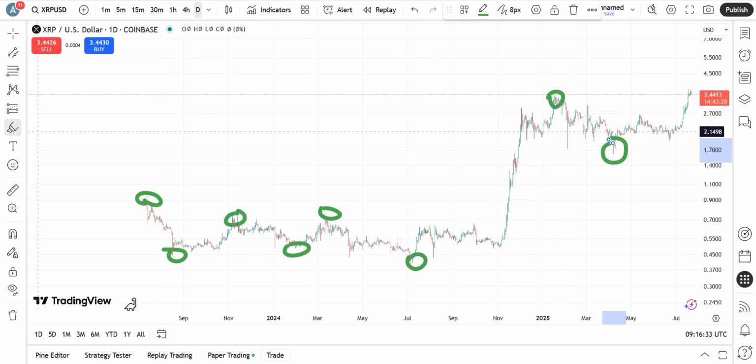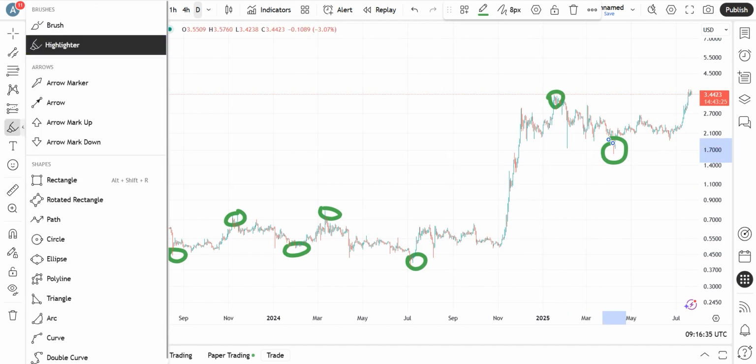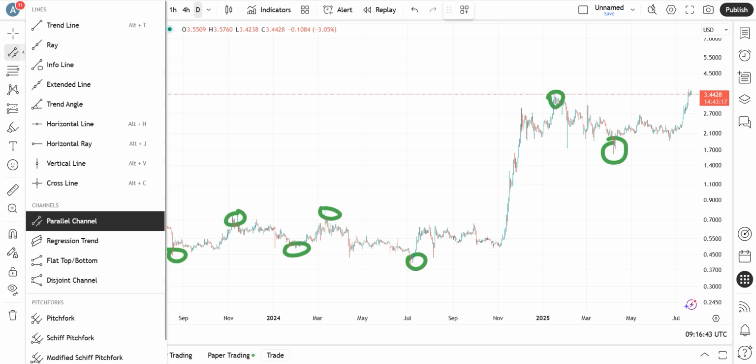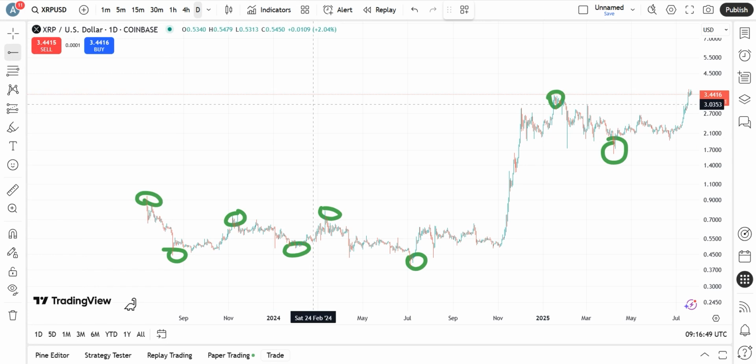As before, first of all, let's see what's been happening in previous times. First of all, we'll try to define some horizontal resistances.